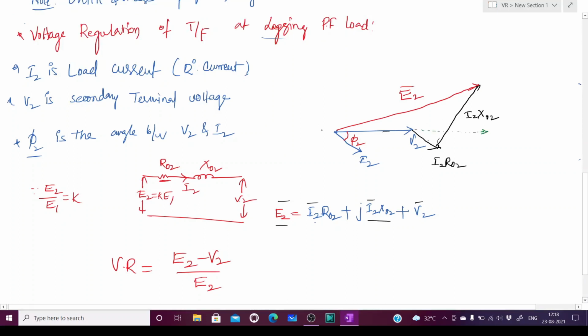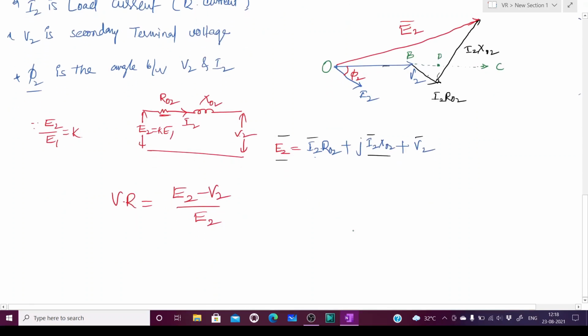Up to this, let us give the names O, A, B. Here this point is D, this point is C. Here OA is equal to the E2 vector, and OB is equal to the V2 vector.